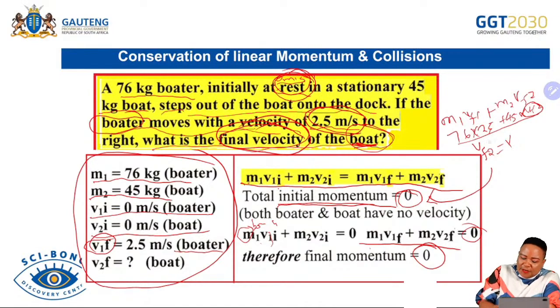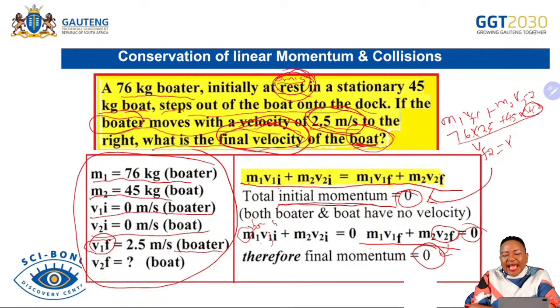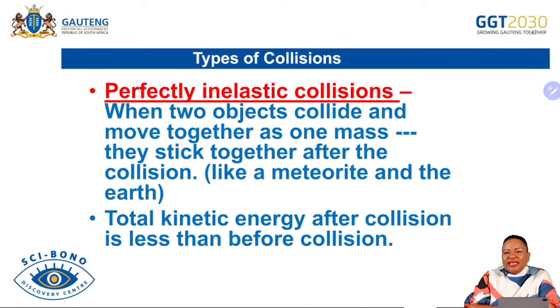So you substitute, and it must give you 0 kilogram meters per second. Even if the answer is 0, in physical sciences we must always indicate the units. We are not saying it is 0 multiplied by the units; we are saying our momentum is 0, and we know that the unit of momentum is kilogram meters per second.